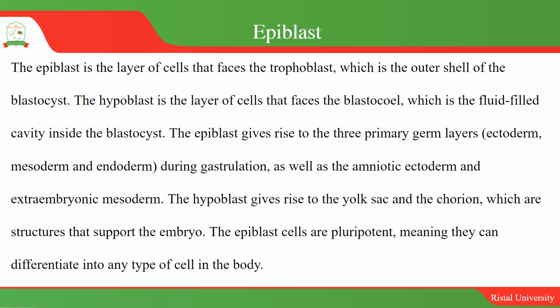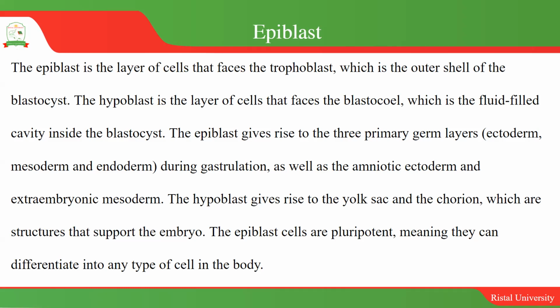So the epiblasts, the ones that face the trophoblasts, they lie on the outer shell of the blastocyst. Okay, whereas the hypoblast is the layer of cells that face the blastocoel, which is the fluid-filled cavity inside the blastocyst.